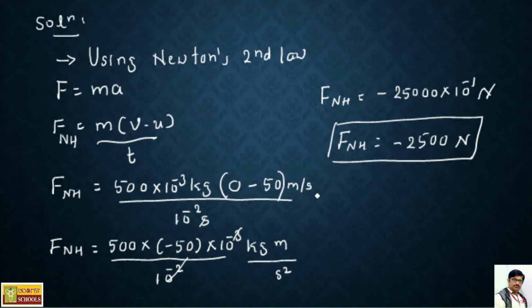The force of the hammer on the nail is maybe plus 2500 Newton, but the asked question was the force of the nail on the hammer, which means that is negative, and hence the force is given by minus 2500 Newton. I hope you got this problem clear.